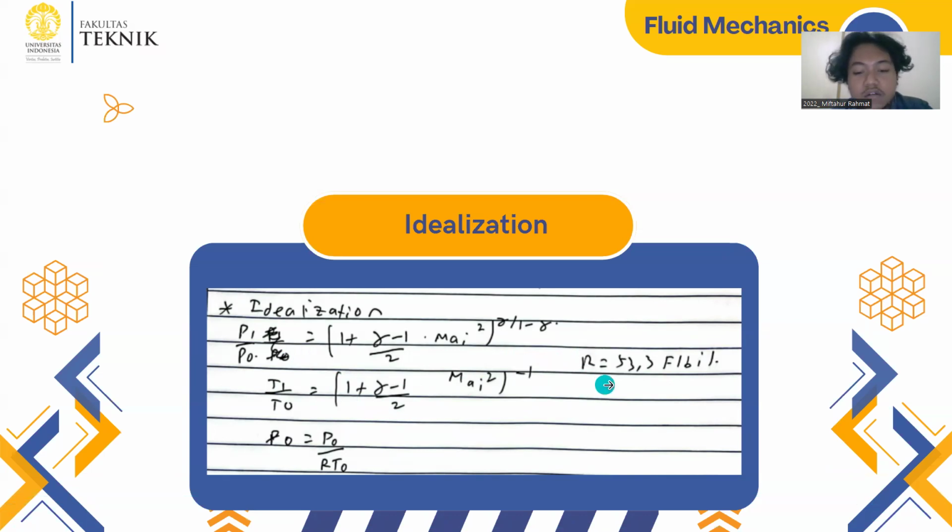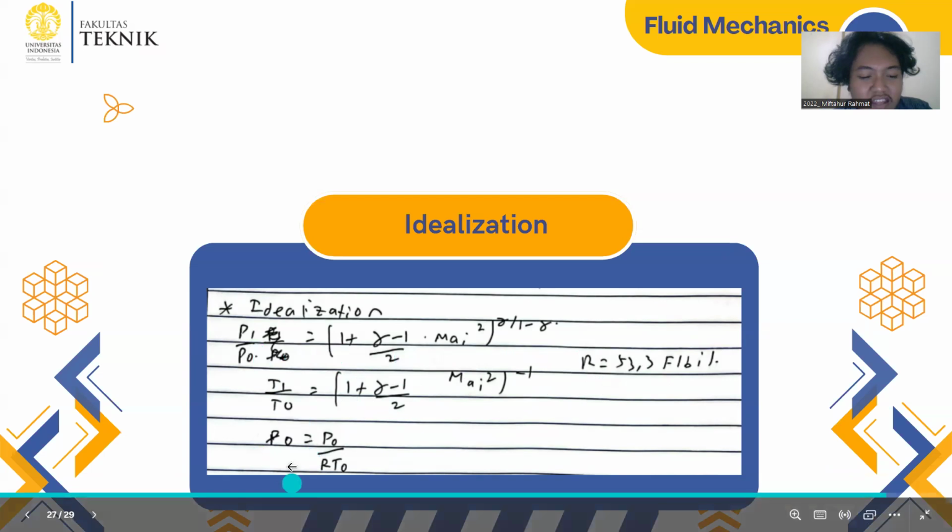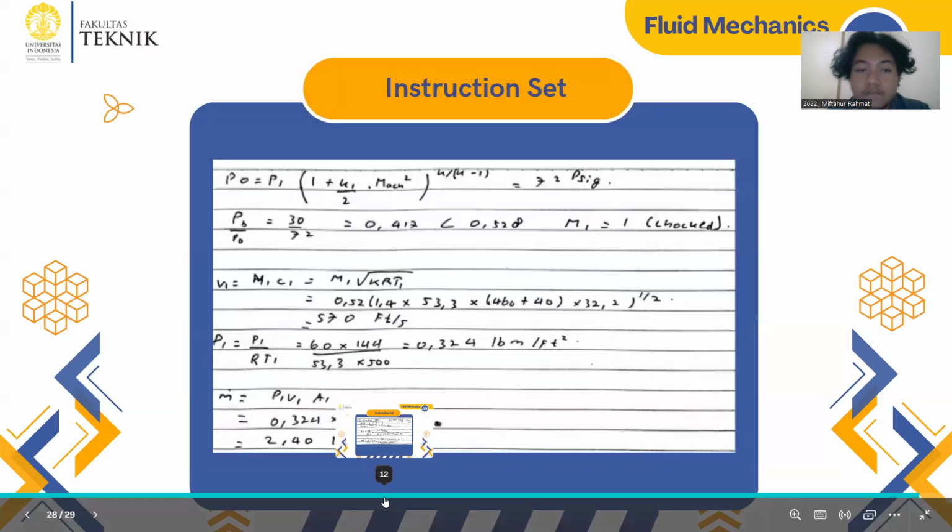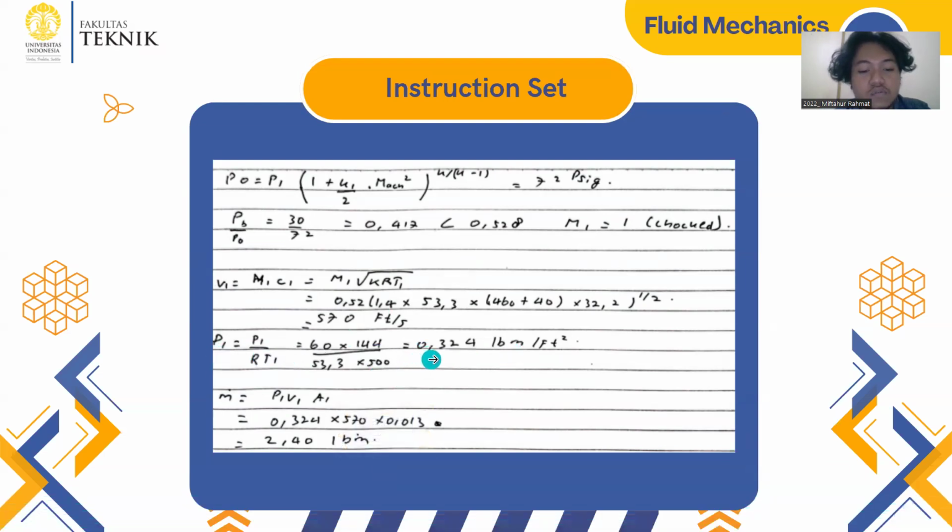And then there is something we got: R equals 53.3 ft-lbf per lbm-R. And then we got rho. Rho is equal to P0 per R T0. And then the instruction set, we just need to put our data into the idealization so that we can get P1, it's equal to 0.32 lbm per feet square.